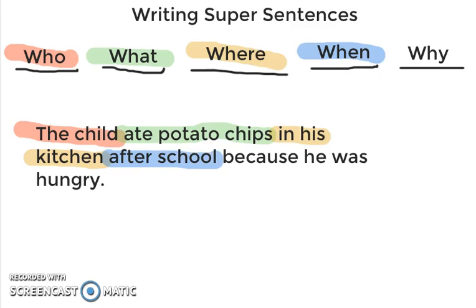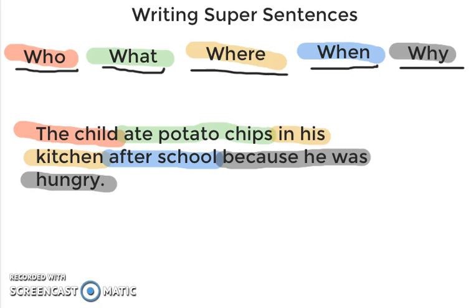Before and after are good indicators of the time of the sentence, or the when. And lastly, we have our reasoning or the why. And the why is pretty easy to spot because it usually has the word because. It's giving reasoning. And in this case, it's because he was hungry. So that's the whole sentence.